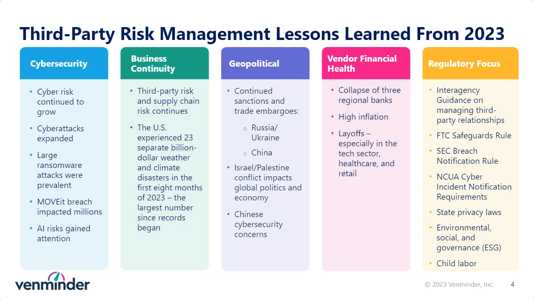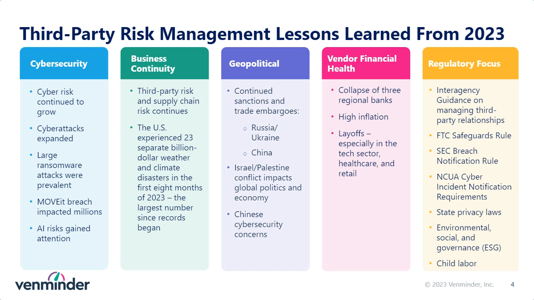And though it may seem like 2023 was an easier year for natural disasters, there were actually still a record-breaking $23 billion worth of events. There's geopolitical risks, of course. We're talking about Russia, Ukraine, Israel, Palestine, cyber threats from China. Vendor financial health is still a concern. There's high inflation, economic instability.